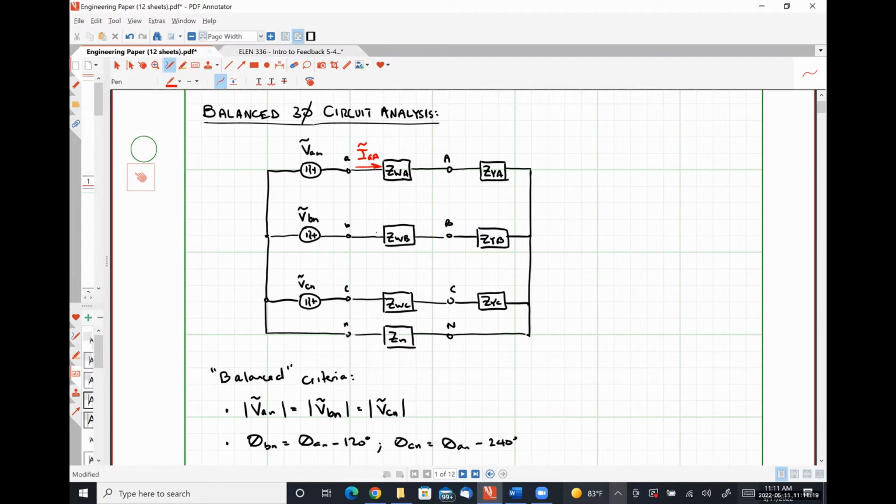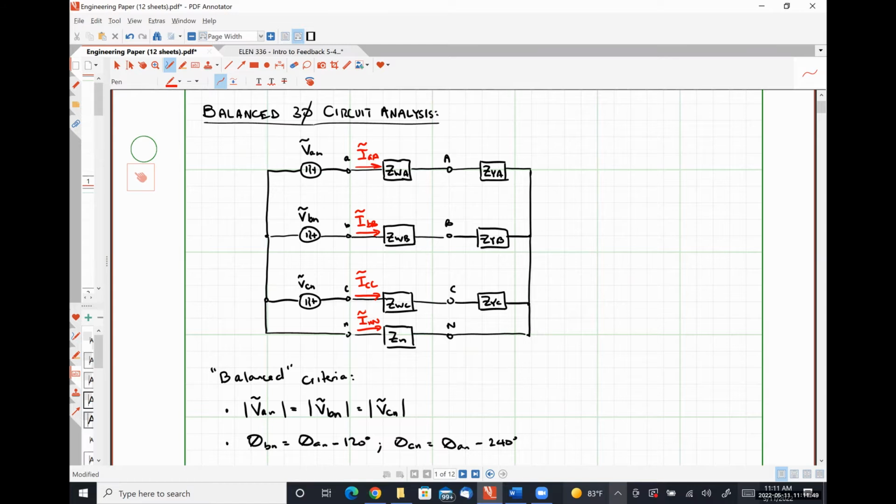I'm also going to have line currents IBB and ICC, and this guy right here isn't really a traditional line current. We'll see what I mean by that shortly, but we're going to look at how it behaves as well. Since we're going to be applying Kirchhoff's current law, we're going to need to know what that current is.